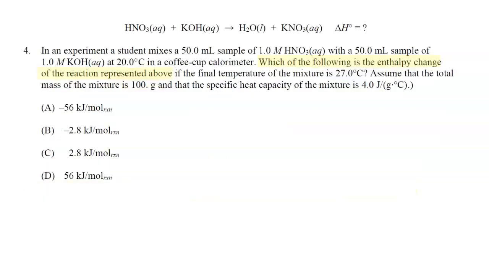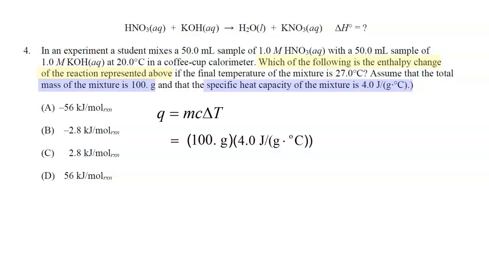Let's start with Q equals mc delta T, in which the m represents the mass. So here the total mass of the mixture is 100 grams, and C represents the specific heat capacity of the mixture, which in this case is 4.0 joules per gram degree Celsius, and delta T is the change in temperature.